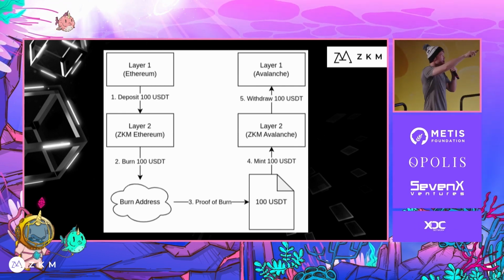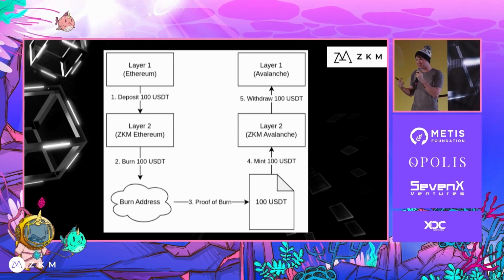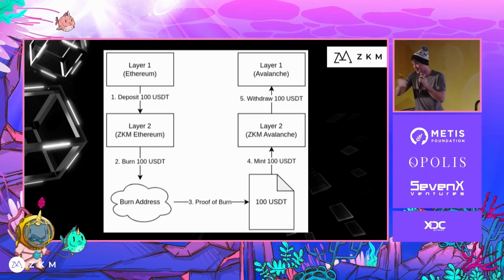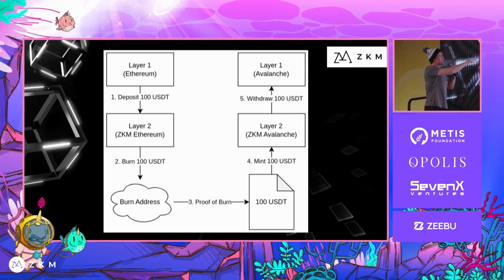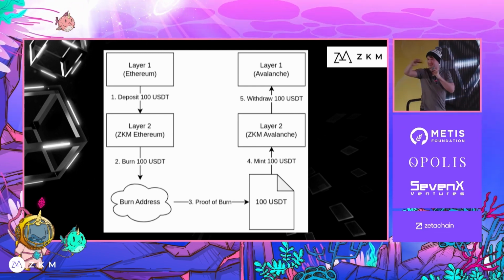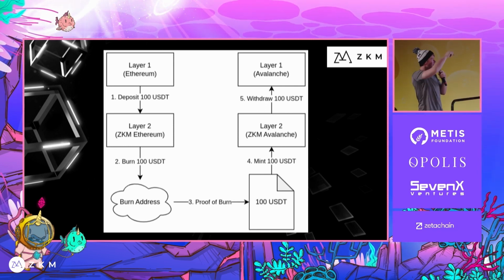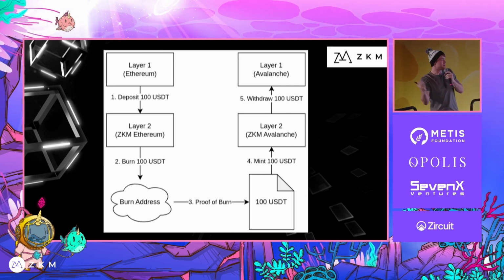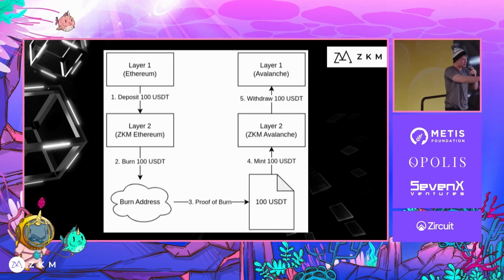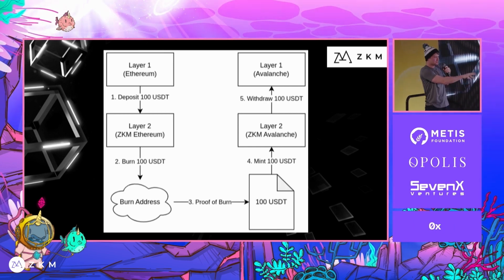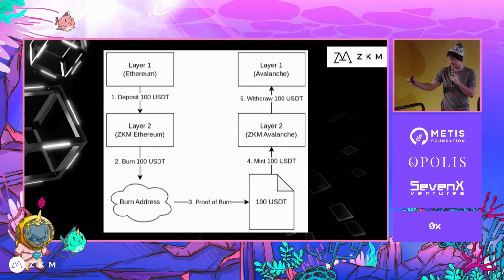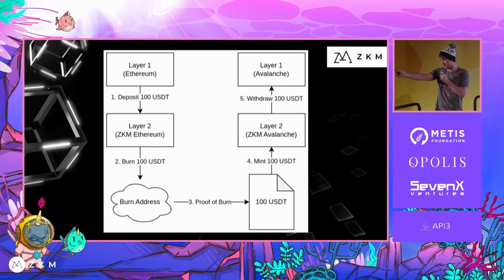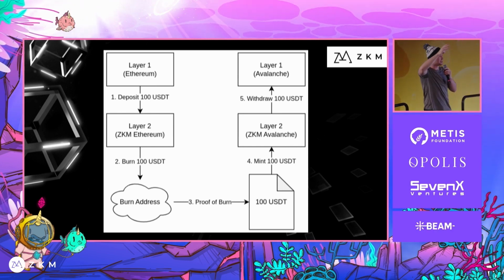Since we're inheriting the security of L1, essentially, if there is a reorg on L1, there needs to be some amount of finality present on that L1. So within this L2, I can use this proof that was generated, but I am depending on the security of L1, on that finality that is achieved on the layer 1 side.